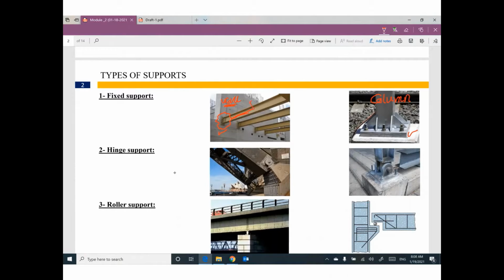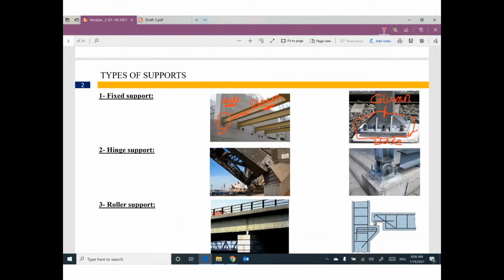In this case, we have a beam. This beam is fixed to this wall. So this connection can be represented as a fixed support. This column is fixed to this base. So this connection can be represented as fixed support.